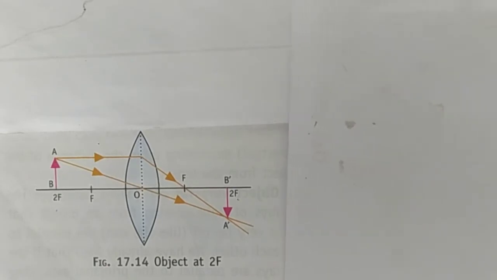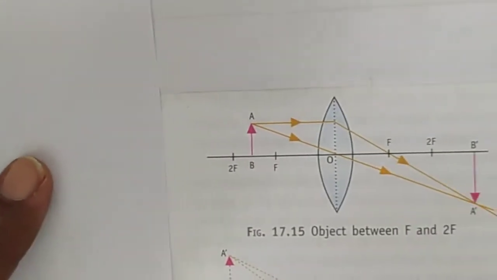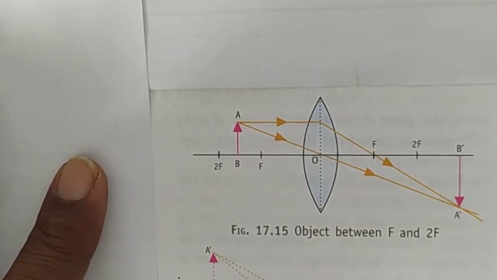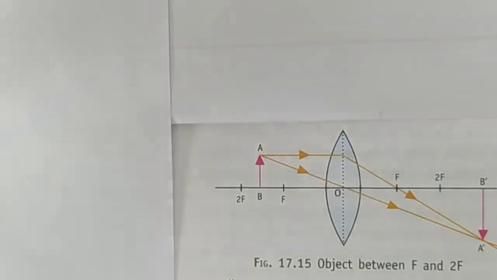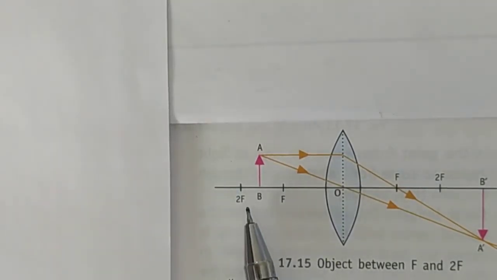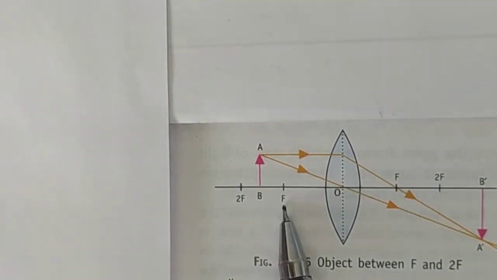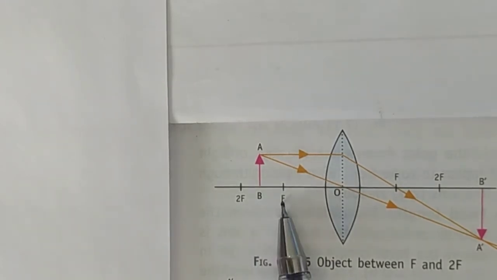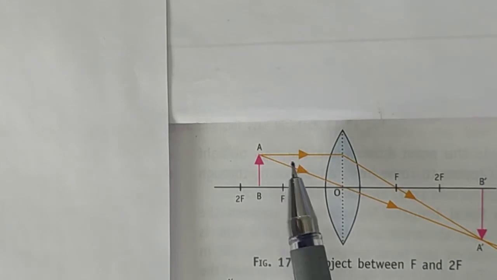Right, coming to the next situation, when we are keeping the object between 2f and f. When we are keeping the object between 2f and f, we will see the light rays. Just similar to the previous situation, we will consider 2 light rays.